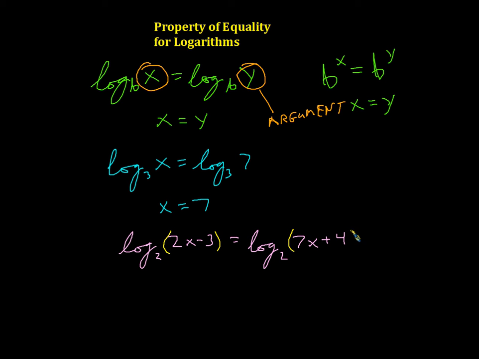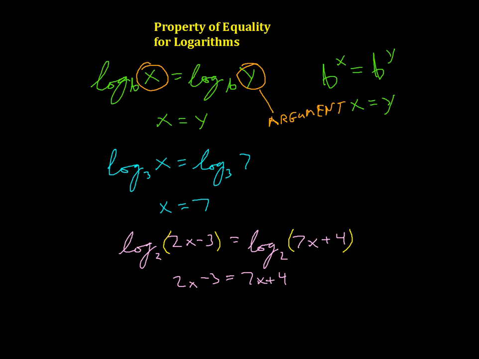But I'd like to make it really clear that all of 2x minus 3 is the argument of this log, and all of 7x plus 4 is the argument of this log. So in this case, it must be true that 2x minus 3 is equal to 7x plus 4.